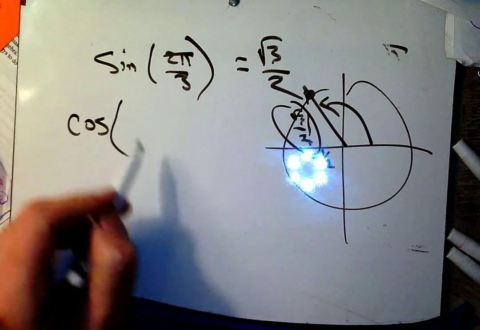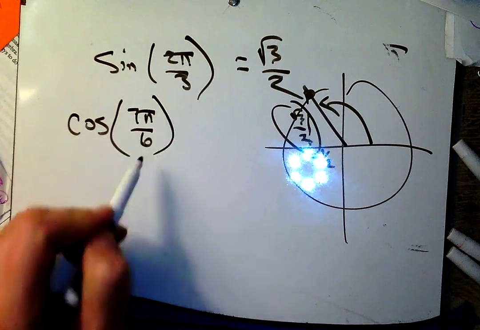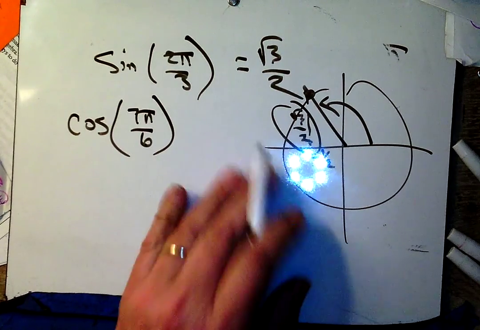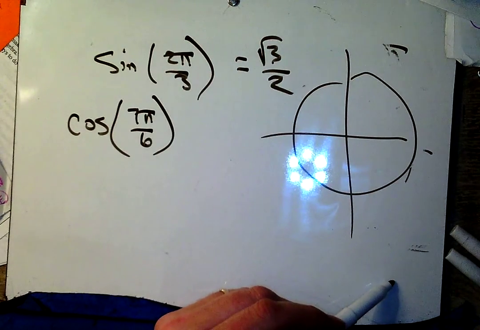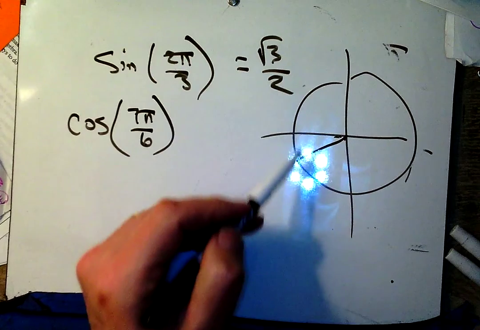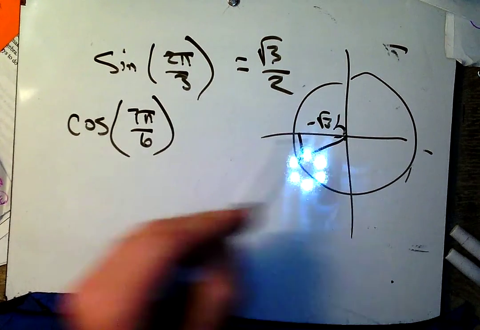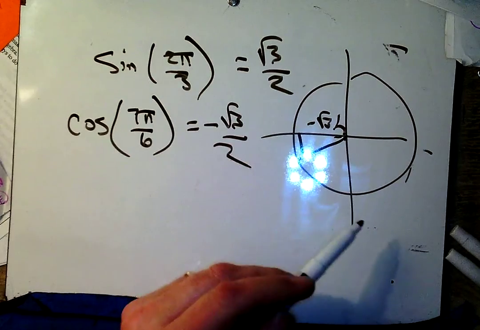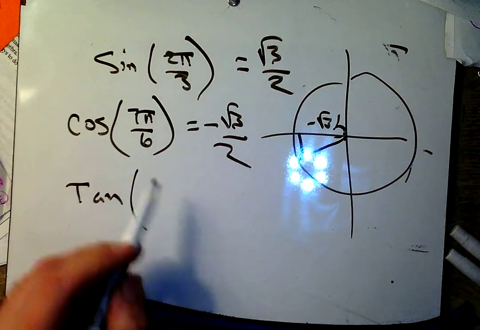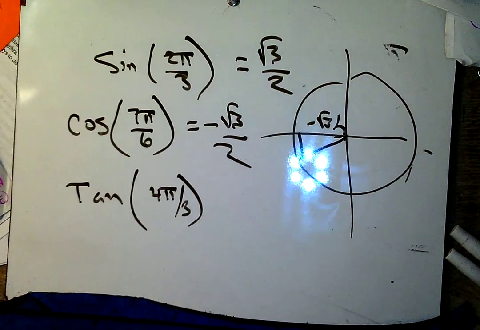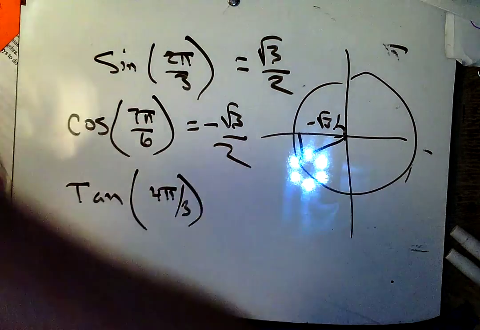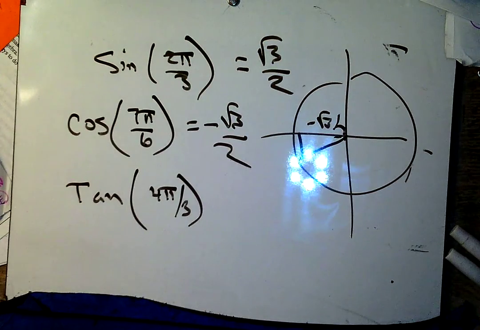How about cosine of 7 pi over 6? 5, 4, 3, 2, 1. So 7 pi over 6 is here, and cosine is negative root 3 over 2. Okay. Tangent of 4 pi over 3. 5, 4, 3, 2, 1.